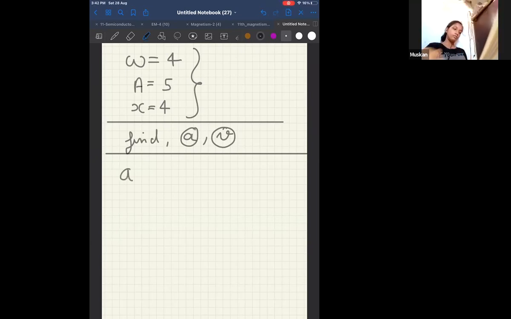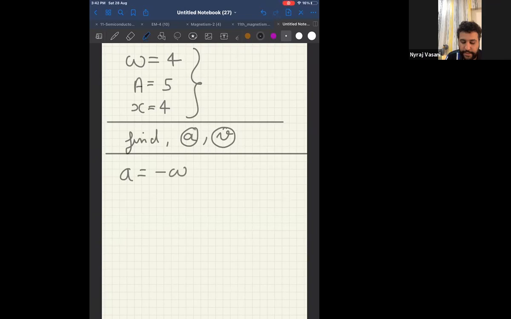Now find acceleration. I know the formula for acceleration is minus omega square x. So acceleration is minus omega square, which is 4 square, into 4.